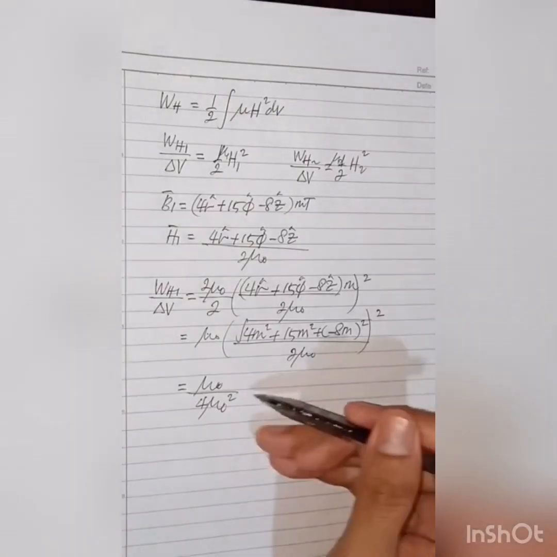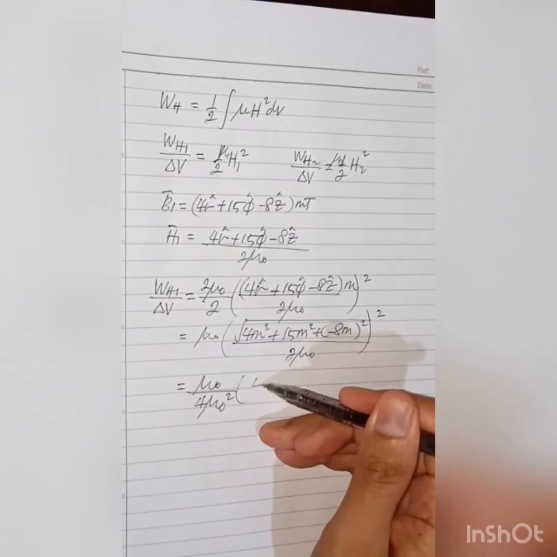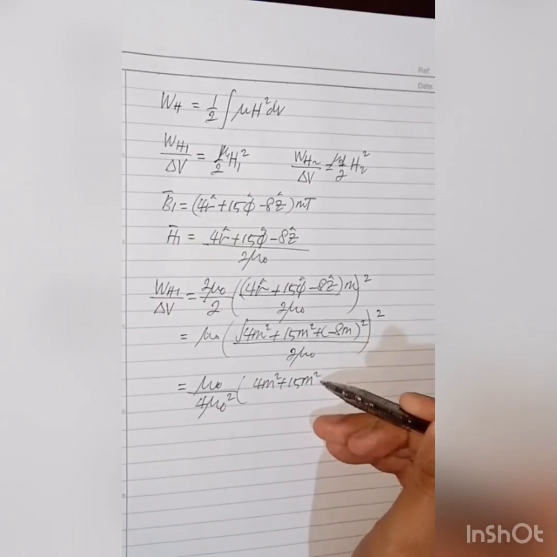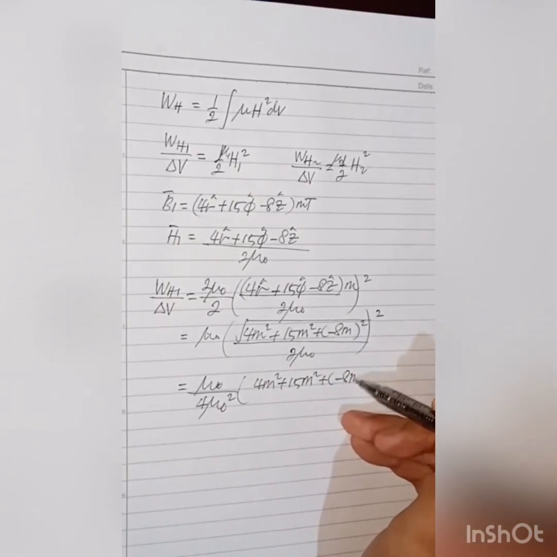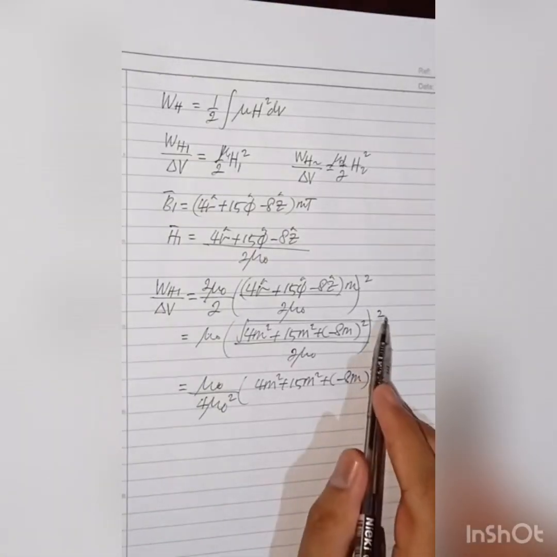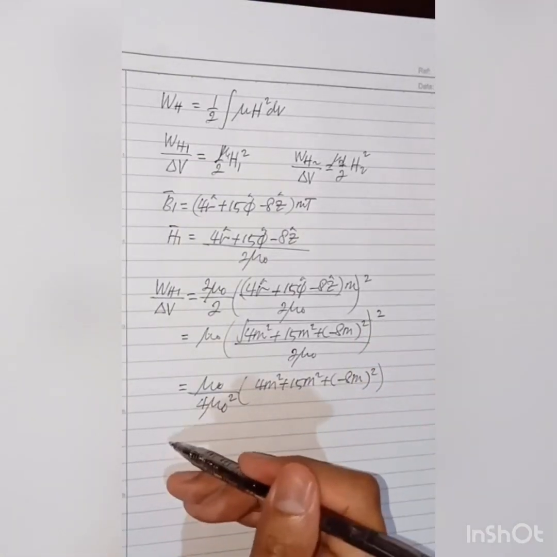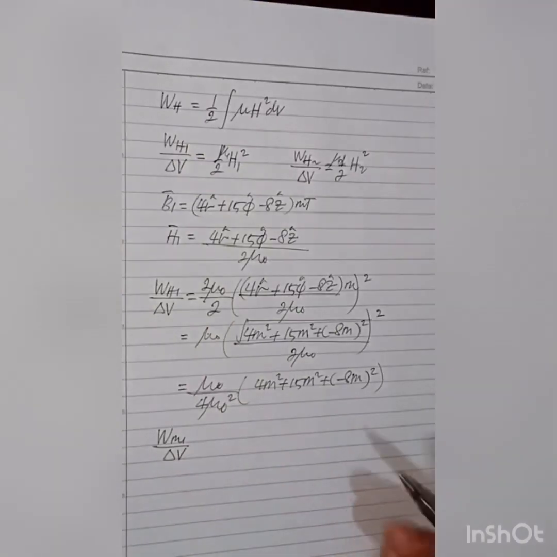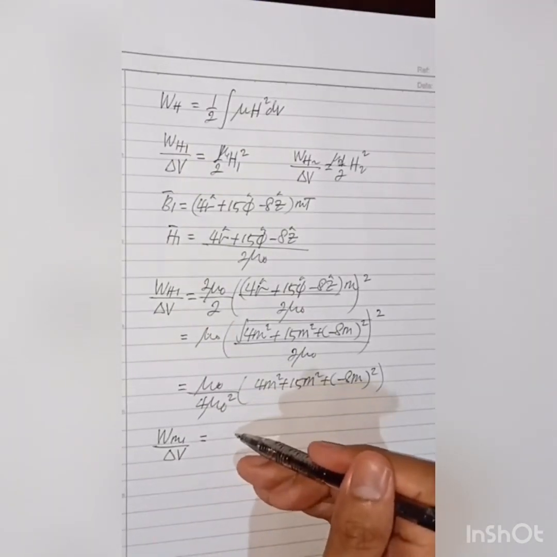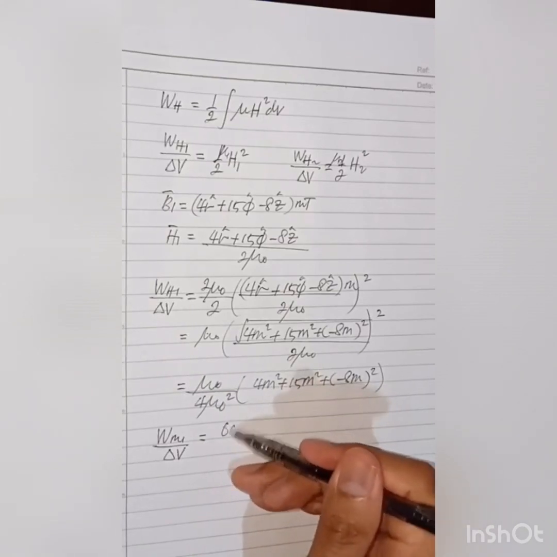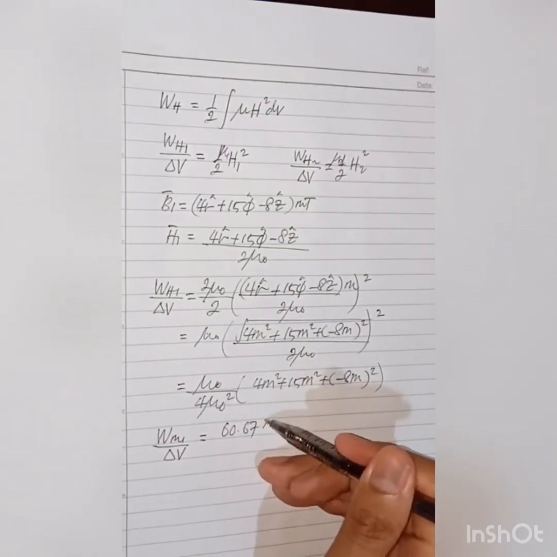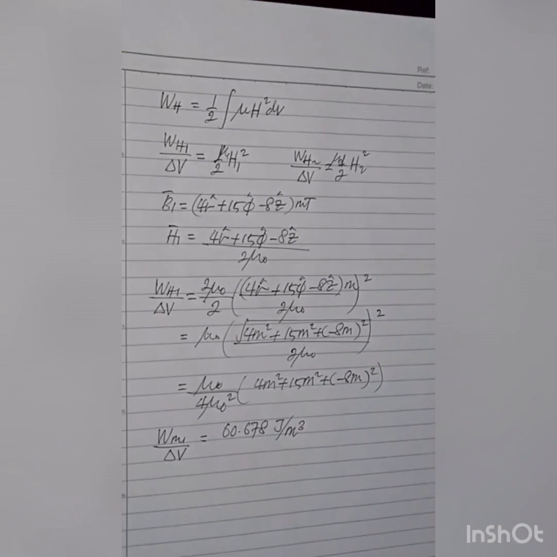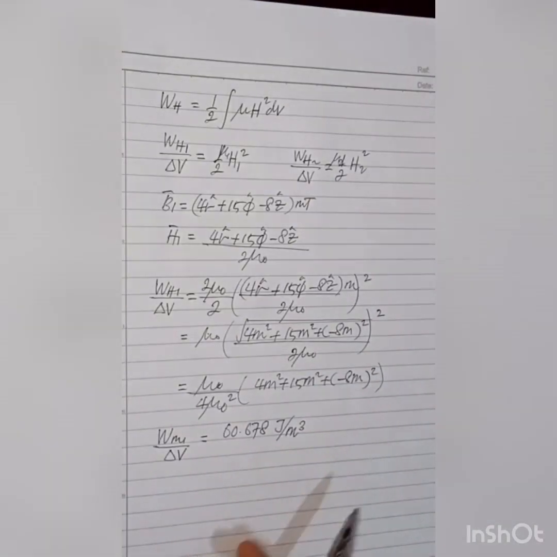So you can have 4 milli squared plus 15 milli squared plus minus 8 milli squared, and then because this 2 and square is gone, when you have here magnetic energy density for the first region, you have this value finally, which equals 60.678 joule per meter cube. Okay guys, so this is the answer for the first region.